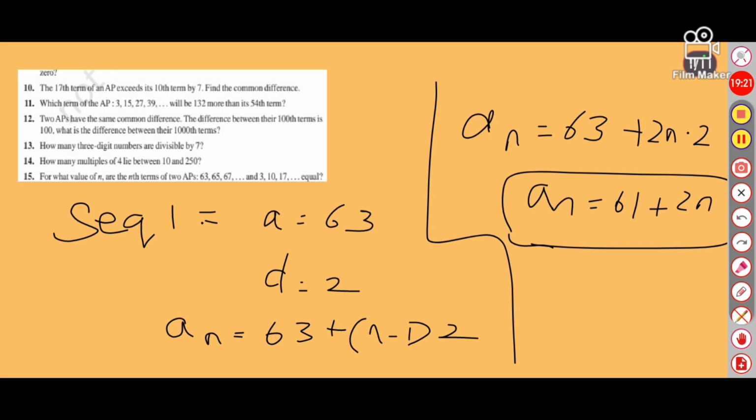In the next video we will see the sum values also. After this I will post the sum values, that entire concept of sum. If you don't know, in any of your class exams, I mean the school exams or even the board exams sometimes, in uncertain conditions, kindly just write what is given, that is a, find the value of d if not given, then a and n, then the Sn values.